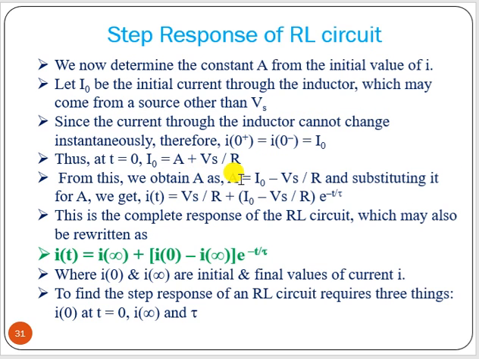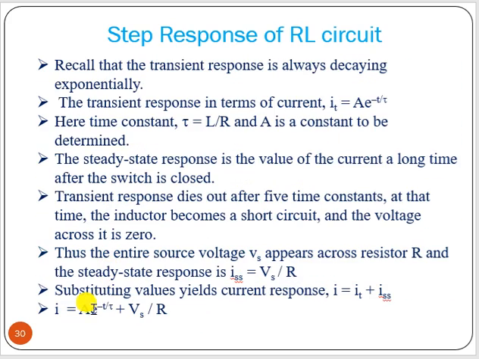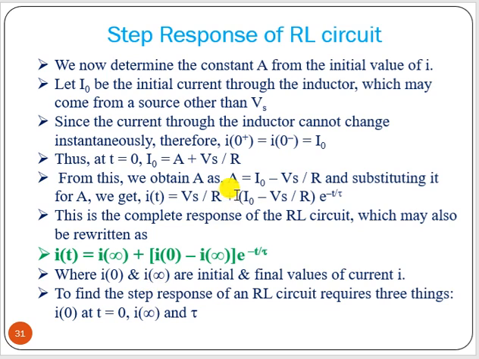Now we can write A equals I0 minus Vs by R. So we can put that into this particular equation: Vs by R plus A, meaning I0 minus Vs by R, into e to the power minus t by tau. So this is the complete response of the RL circuit, which we can write as I(t) equals Vs by R, the final value I infinity, plus I0, the initial value, minus Vs by R, which is again the final value I infinity, times e to the minus t by tau, where tau is L by R.